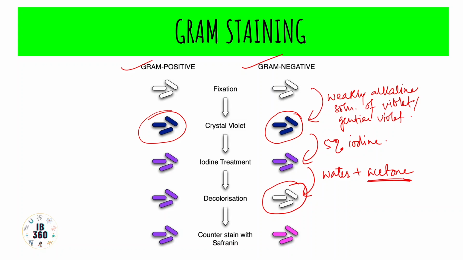As acetone washes away the lipid content, gram negative will be absolutely decolorized. Gram positive, on the other hand, holds on to its stain, and if they are counter stained with safranin, gram positive will still hold their violet stain, while gram negative, having lost the previous stain, will be newly stained and will be pink in color.